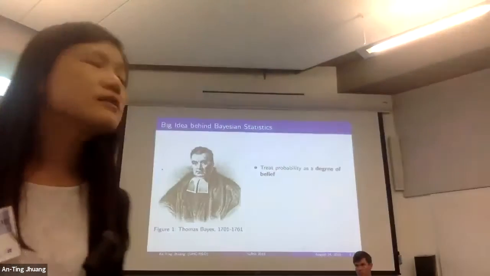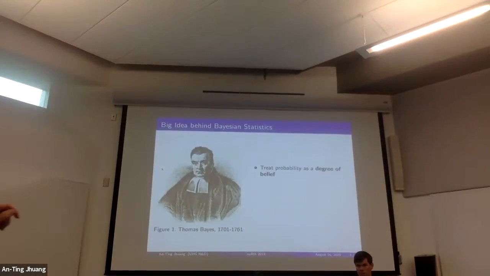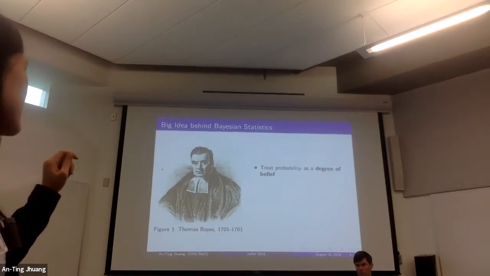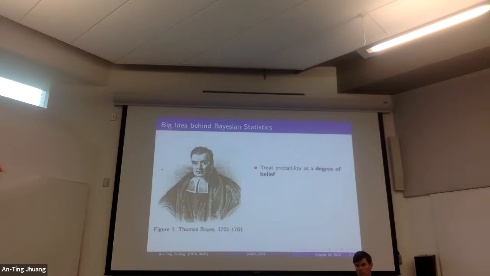All right. So this guy is actually a very important guy in Bayesian statistics. He's a priest, Thomas Bayes, and Bayesian statistics can be traced back to the 18th century. He's the founder of Bayes' theorem, which you probably already learned in high school math. In Bayesian statistics, we treat probability as a degree of belief. So it's also a big piece in the prior.